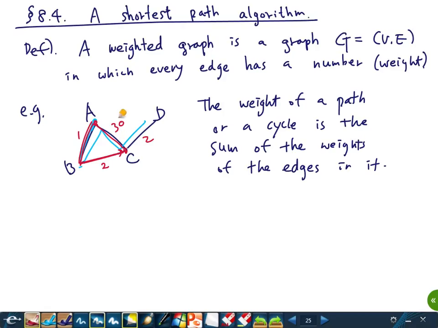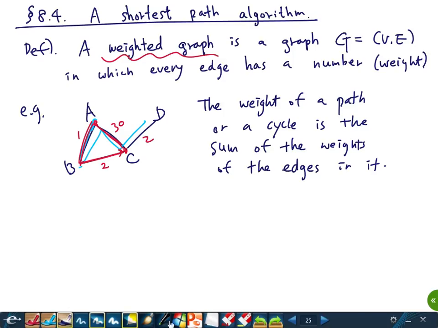But if you don't have this kind of information, you would probably use this path. So if you want to really model the real life problem, then you need to weight something like that. So we are considering weighted graphs now for this shortest path problem. Any question?